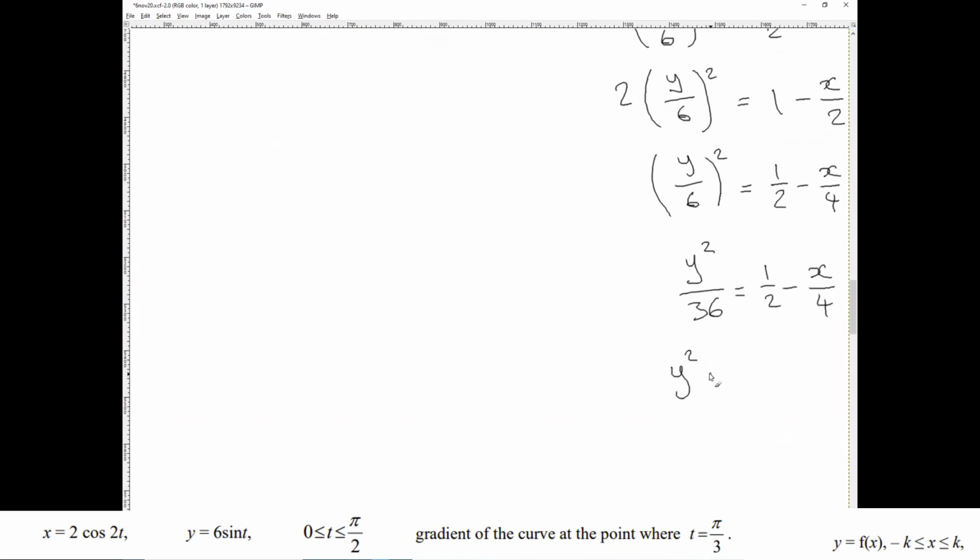So y squared equals 18, take away 36x over 144. Ouch. What's happening there? You were quite right to multiply a half by 36, which you did.